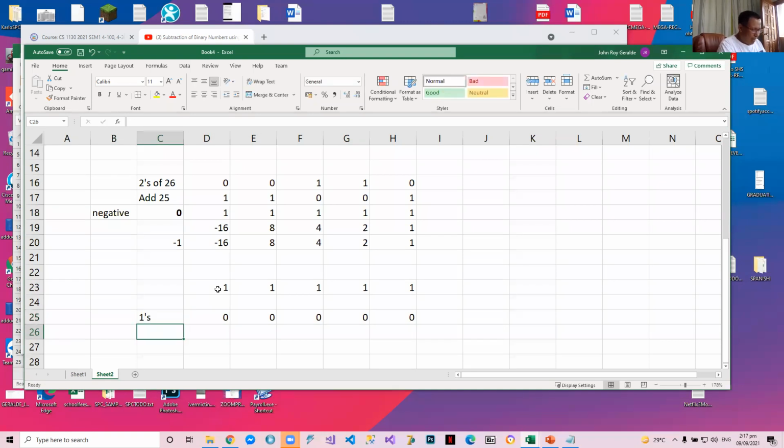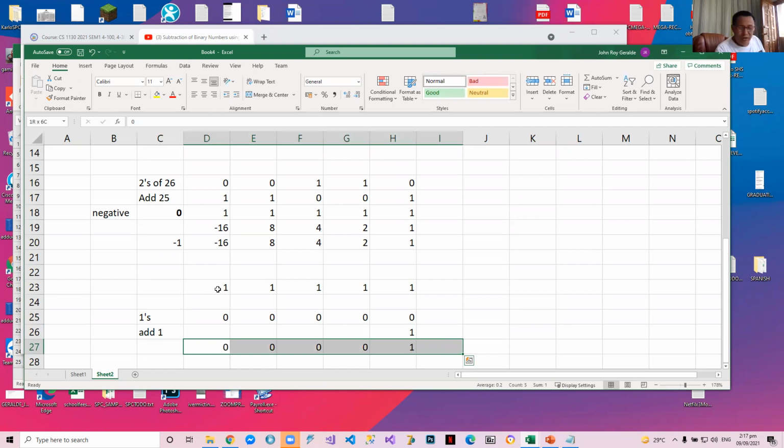And then we add 1. So when we add 1, this is 0, 0, 0, 0, 1. So this is a -1, because we know that it's given to be a 2's complement number. But we don't have to go through this. It's long. Do you follow? We don't have to go through this.